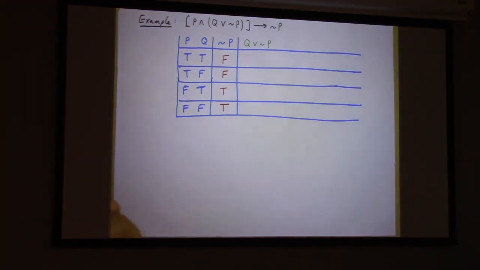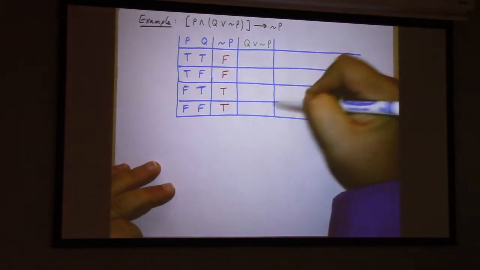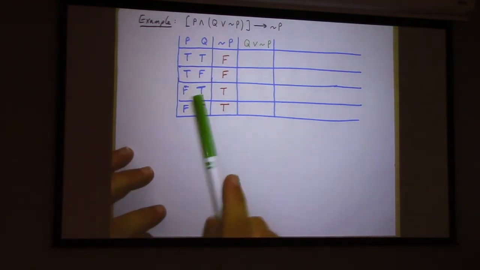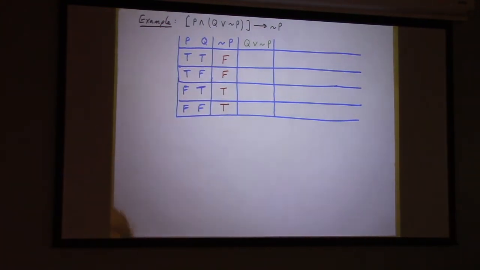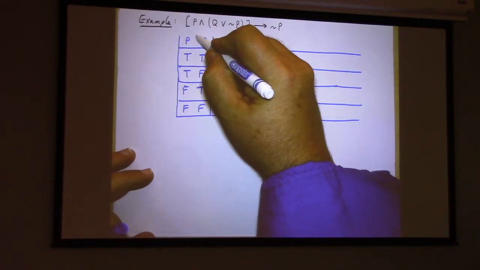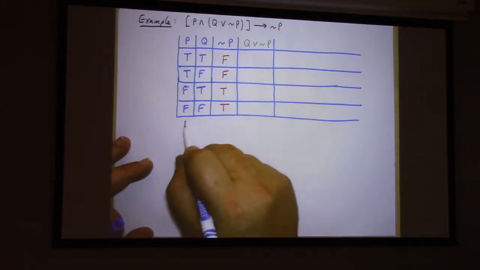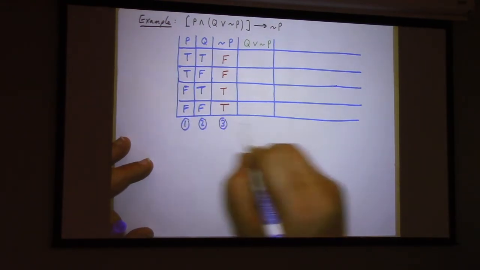Now, what do I have to look at there? What's the rule? This is disjunction. Maybe I should put a divider over here just so I can number the columns. Columns 1, 2, 3, 4.